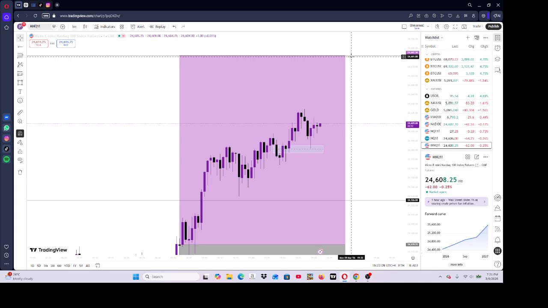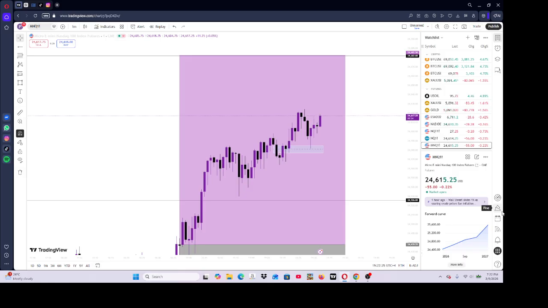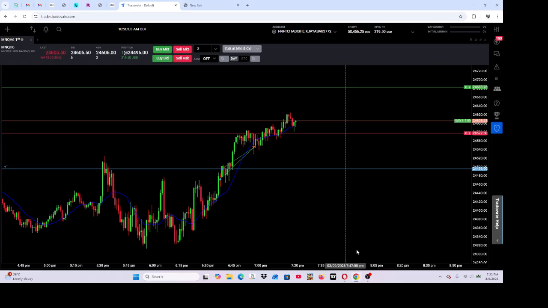So the market should act like a magnet to come and take this out. One huge push. That's all I am asking. One huge push to the upside.